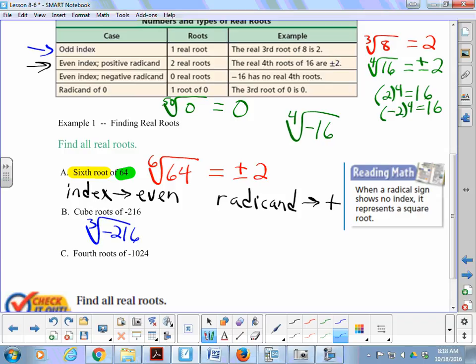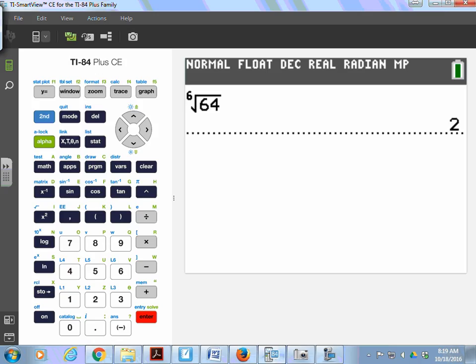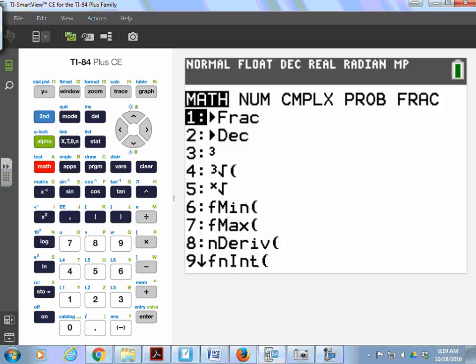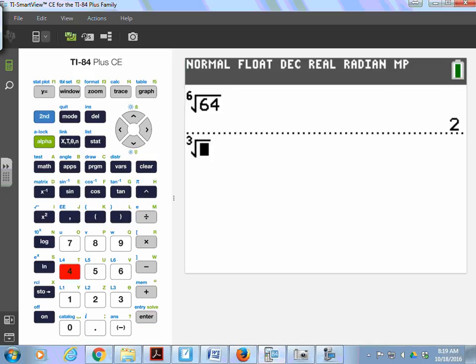If you go to your chart you just made, and it says cube root, so I'm looking at x cubed, it's 216 under x cubed. It's 6, so this is going to be negative 6. There's just one answer. I could go to my calculator, do the cube root of negative 216, and it will give me negative 6.